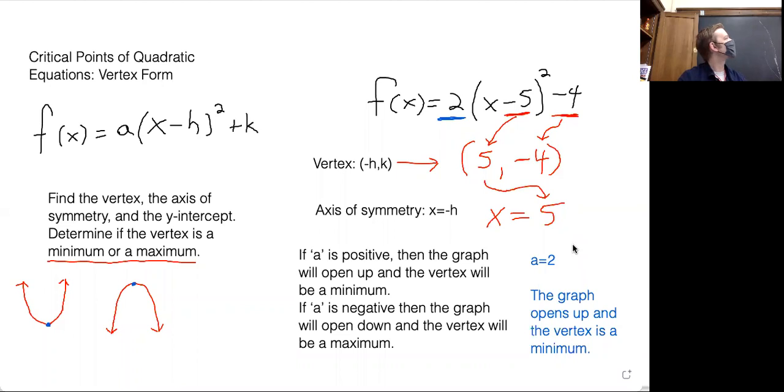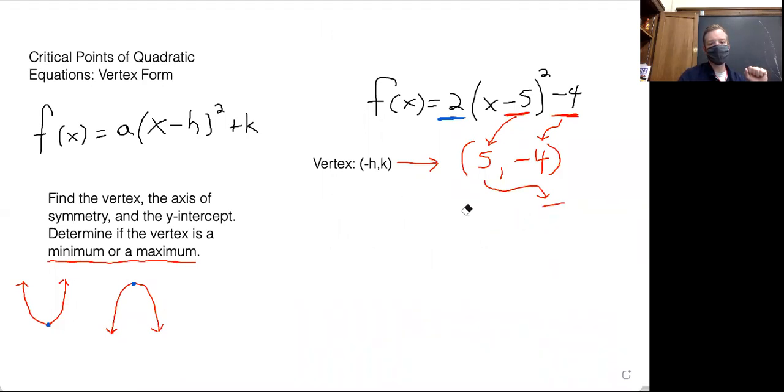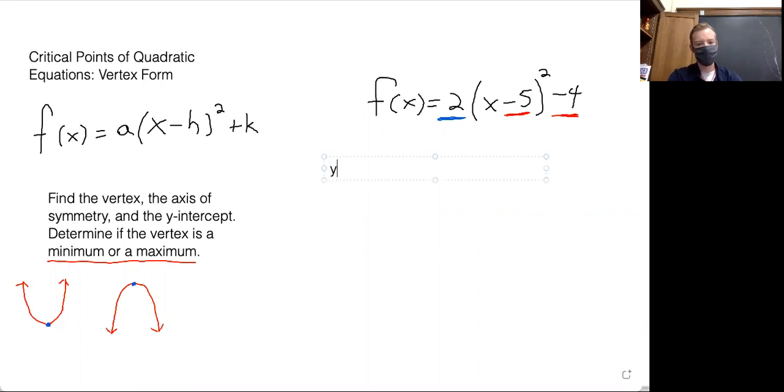The last thing we need to look at is how we find our y-intercept. So I'm going to erase this here because I'm just out of space. All right, so y-intercept. This is the one that actually requires a little bit of calculation, but it's an easy calculation because the way you calculate it is the same for all of the problems.